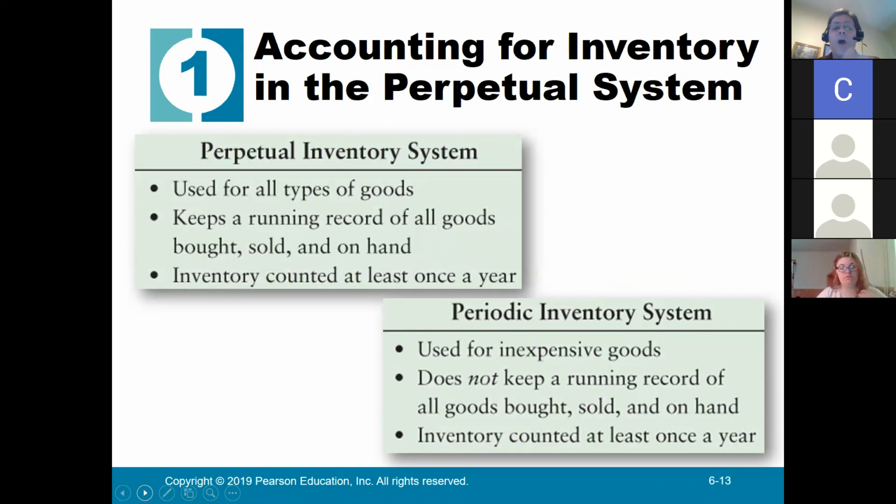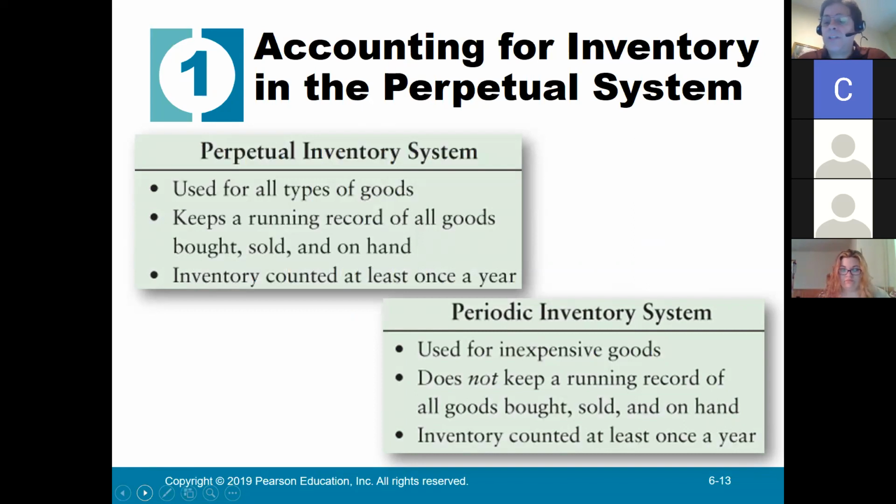So you're keeping a running record of all those. You still got to check your things once a year or maybe more, but at least once a year. Periodic inventory is really not used for inventory anymore. It's really for supplies that really aren't for sale to customers.